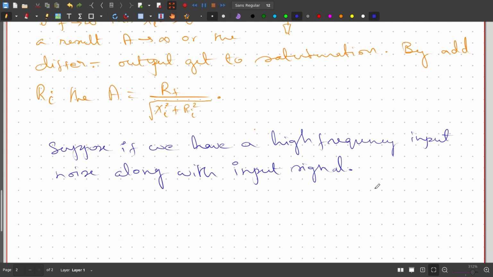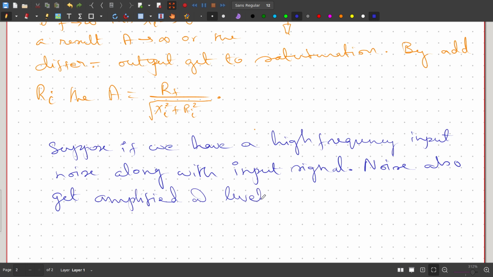What happens to the noise? The noise also gets amplified at the level of A equals Rf divided by root of Xi square plus Ri square.